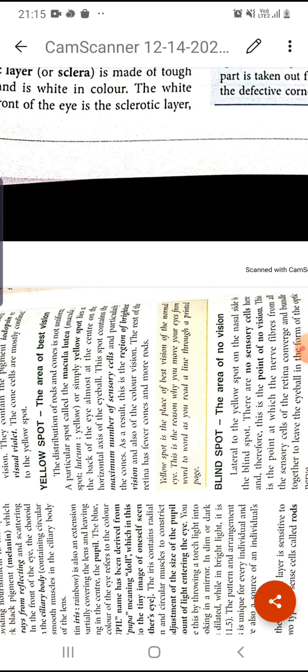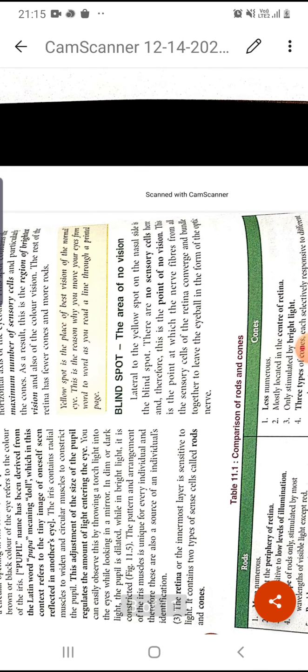This spot contains the maximum number of sensory cells, which help us to see in bright light and for color vision. That means iodopsin.